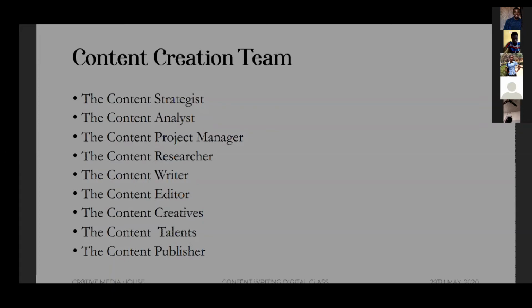Then move to content creatives. Now, the content creatives are those who put in all the content that has been prepared. They convert those contents to media, basically, to graphics. So it depends on what part of the creative.